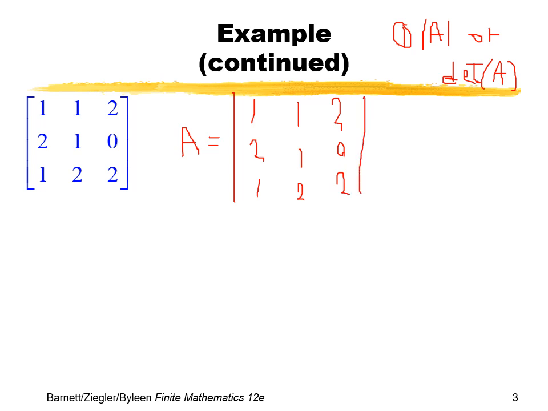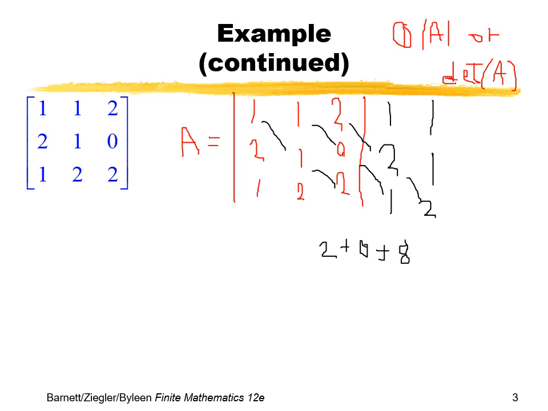Then we repeat the first two columns, which are 1, 2, 1 and 1, 1, 2. Then the going-down diagonals: 2 plus 0 plus 8.